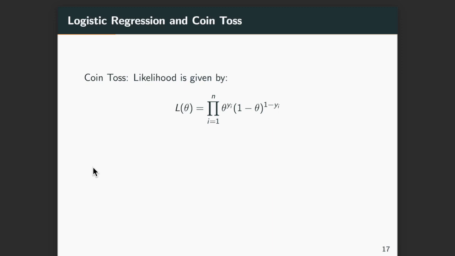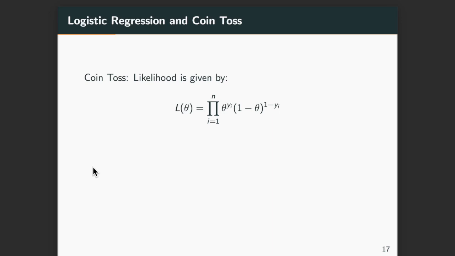If y1 is 1, then what is the likelihood of theta? Only theta. Instead, if yi is 0, which means it's a tails, the probability of obtaining a single tails is 1 minus theta. The probability of obtaining a single heads is theta. If y1 is heads and y2 is tails, the probability of obtaining 1 heads and 1 tails is theta into 1 minus theta, which you are able to get.